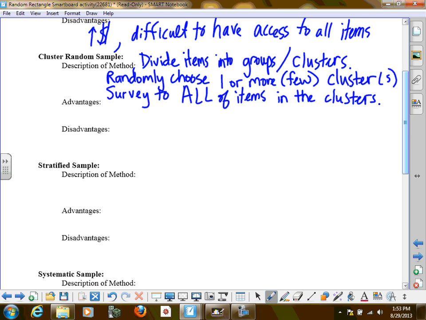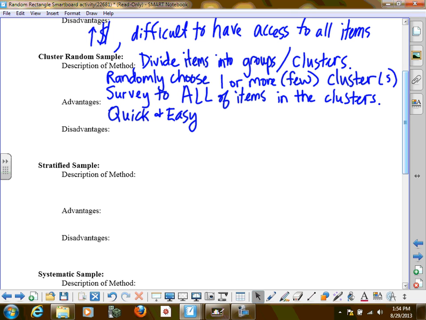Okay. Advantage. It's quick and easy. Reasonably pretty easy to do. Disadvantage. I'm going to give you an example to see if you can figure out what the disadvantage would be. Aledo High School, you're all in your first period classes. So the first period classes are your clusters. I'm going to put all the teachers' names into a big bag, and I'm going to pull out a first period class, and you know what I'm going to do?